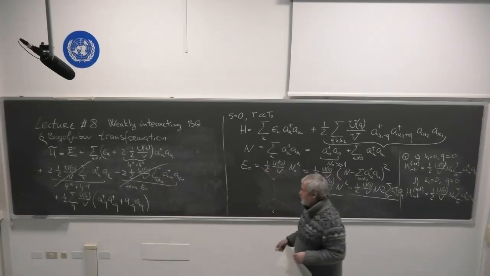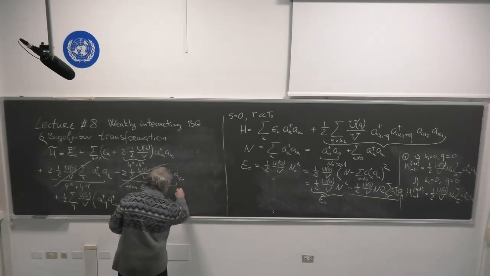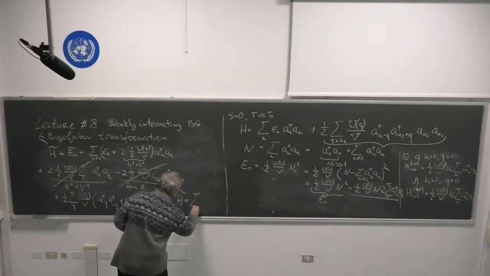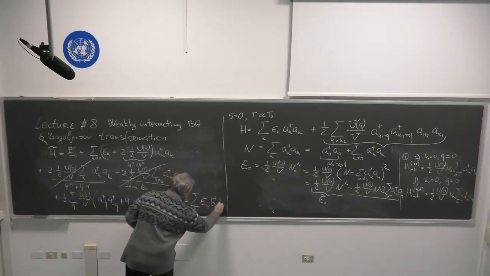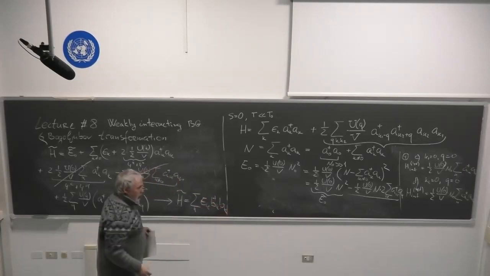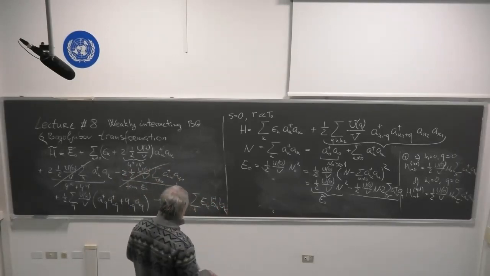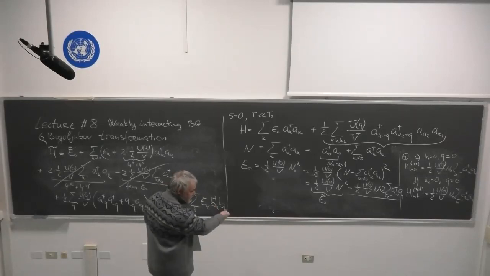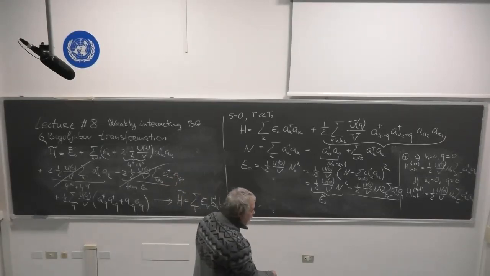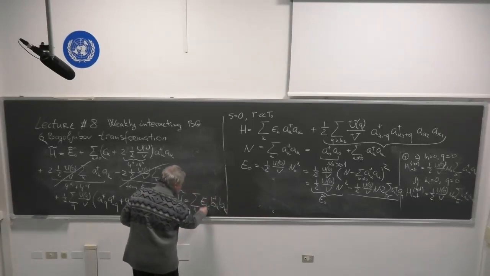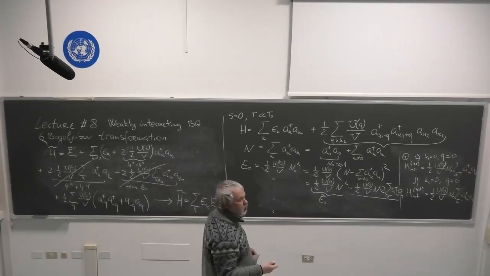We need to transform this Hamiltonian to a new Hamiltonian. H tilde is equal to sum over k, E k, b dagger k, b k. Because if we succeed there, we are saying that we found the new excitations, which are going to be bosons B, and the energy of these excitations is E capital K. So this is our goal.